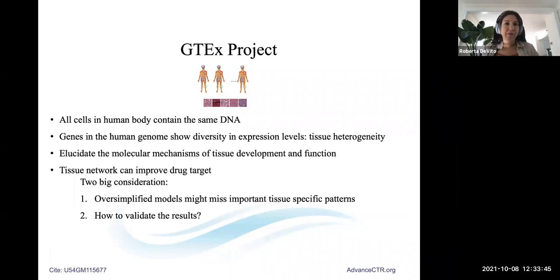But there are some considerations. First of all, sometimes an oversimplified model can miss important characteristics of these tissue-specific patterns. And again, we also want to validate this result, as we have done for the nutritional epidemiological paper.